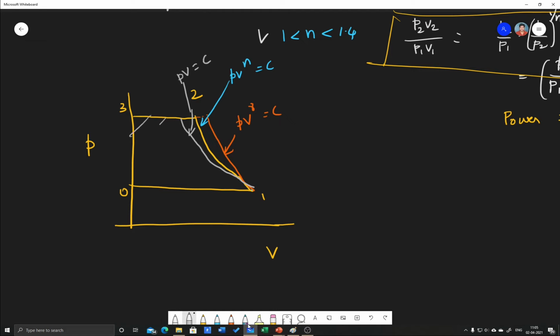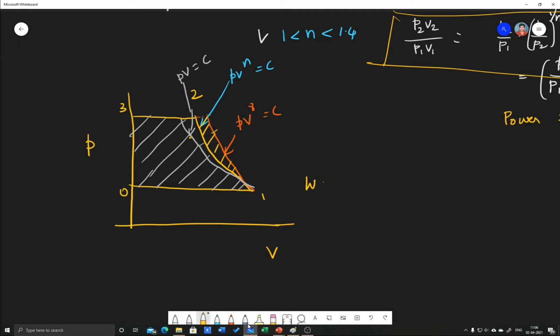For a compressor, if it is an isothermal compression, the work input we have to give will be very less, whereas for adiabatic it will be maximum, and for polytropic it will be in between adiabatic and isothermal.